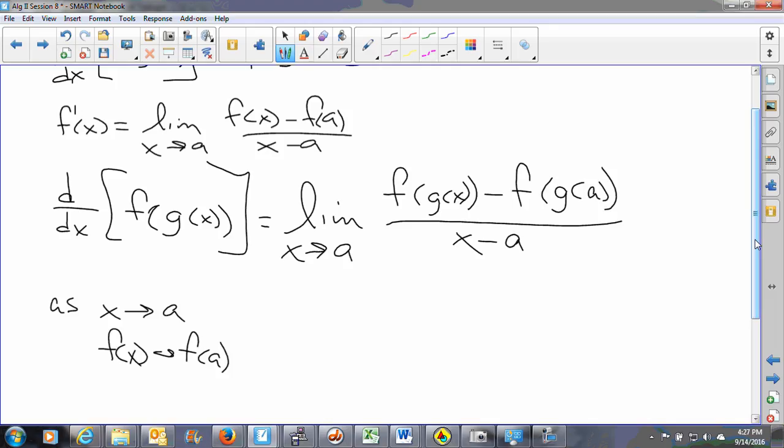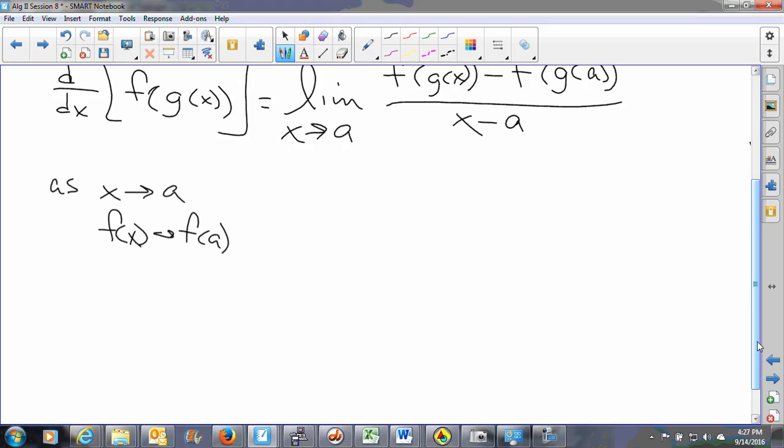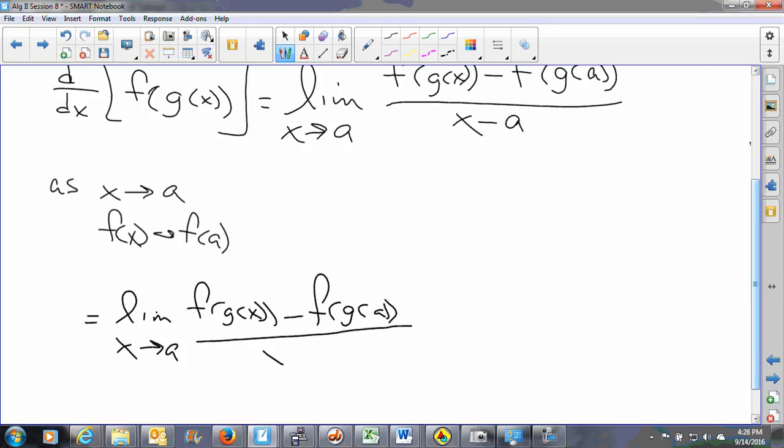So what I'm going to do is rewrite this, and I'm going to say the derivative with respect to x of f of g of x is equal to the limit as x approaches a of f of g of x minus f of g of a over x minus a.